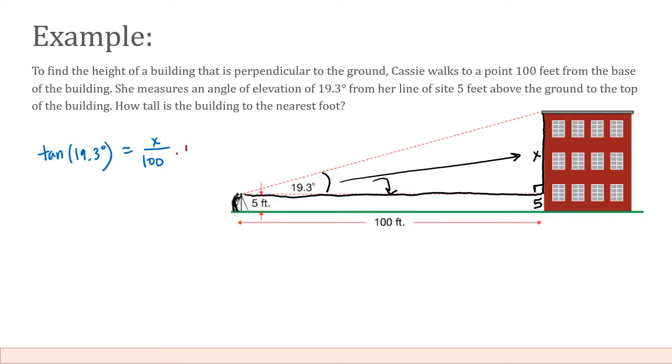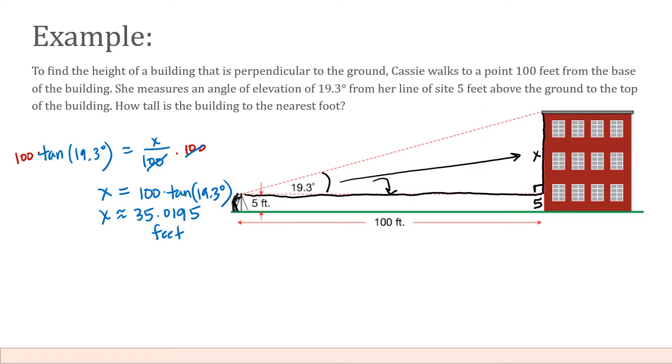And I'm going to multiply both sides by 100 to get that X is equal to 100 times the tangent of 19.3 degrees. And when I put that into my calculator, I got approximately that X is 35.0195, and I guess we are in feet, so that would be feet.